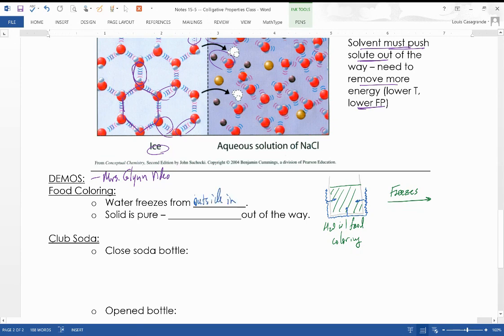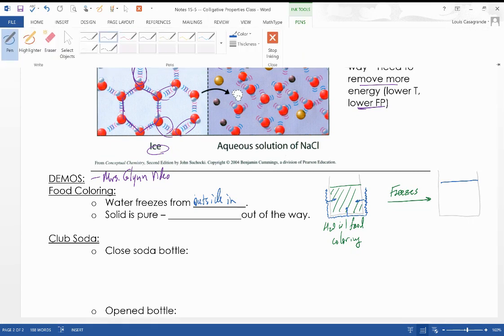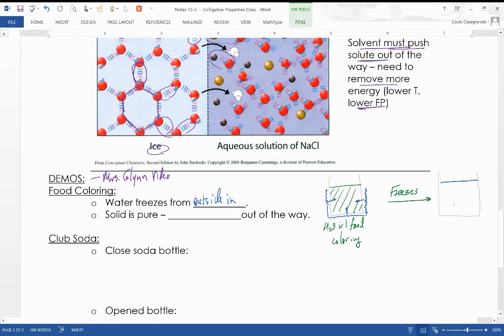And when it does so, what you end up with is pushing that solute out of the way in such a way that the solute gets segregated. It gets pushed into the middle. And we see that solute, that food coloring, concentrated in the middle.